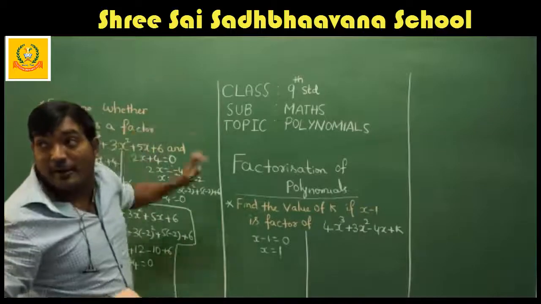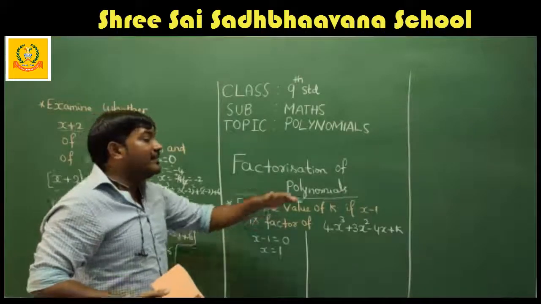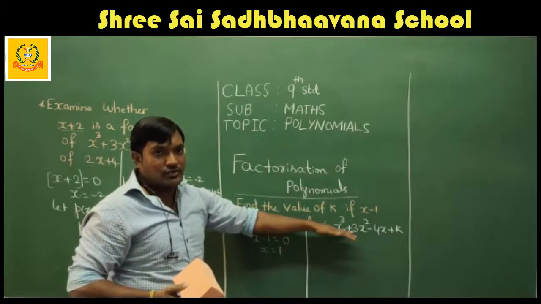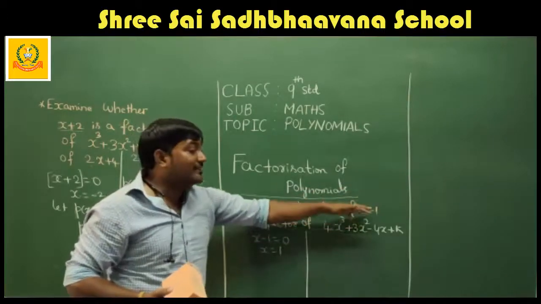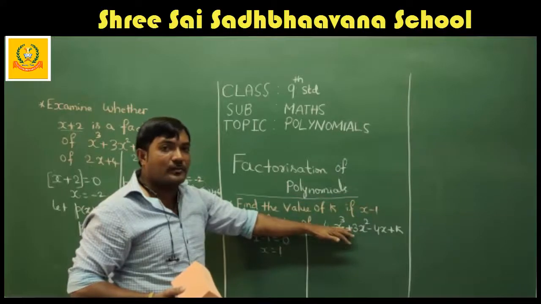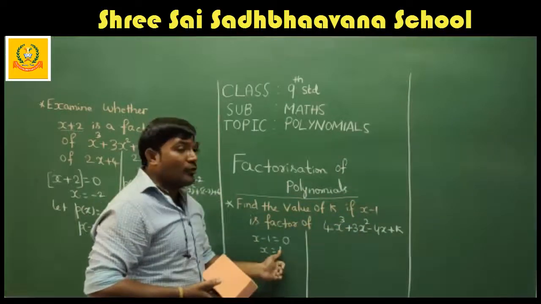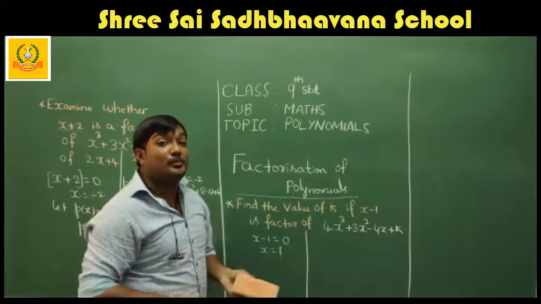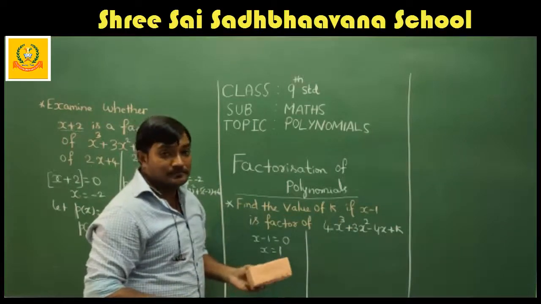It means they have already given in the sum that x minus 1 is a factor of that given polynomial. Understood? If x minus 1 is a factor of the given polynomial, it means x is equal to 1. When you substitute x is equal to 1 in this polynomial, that should be equal to 0, isn't it?